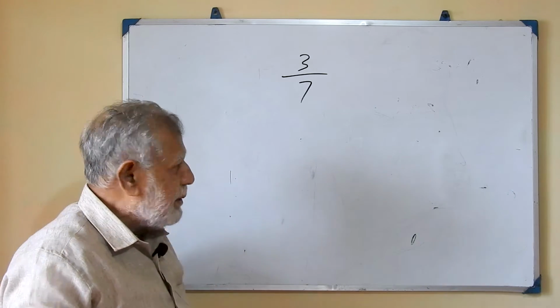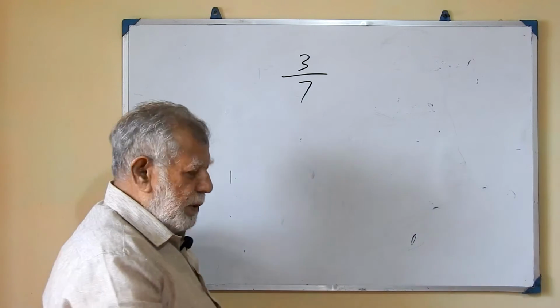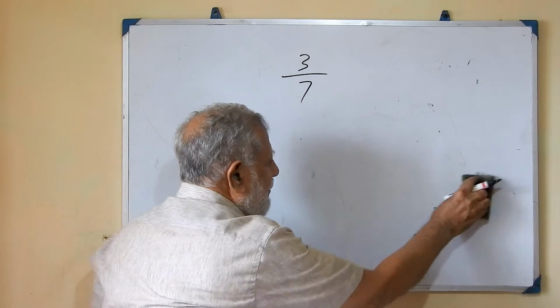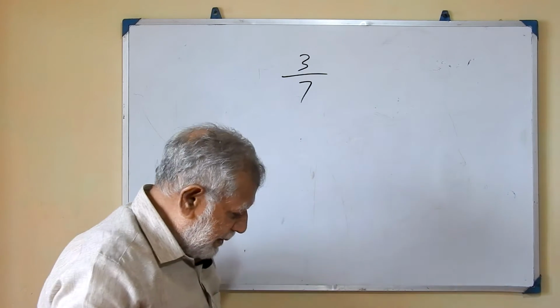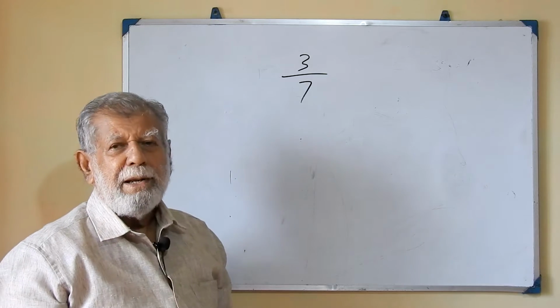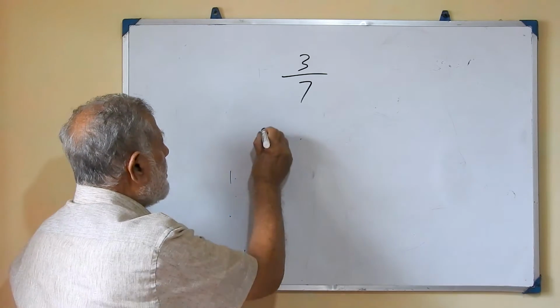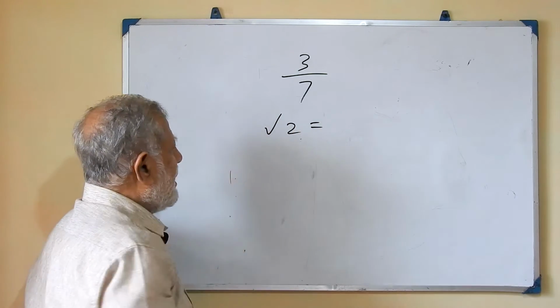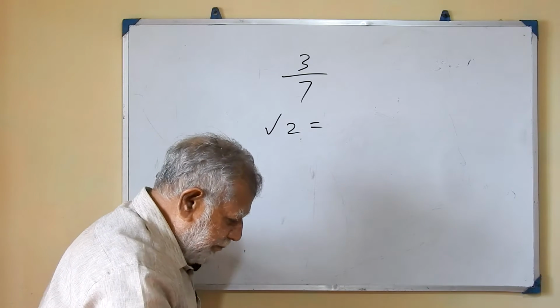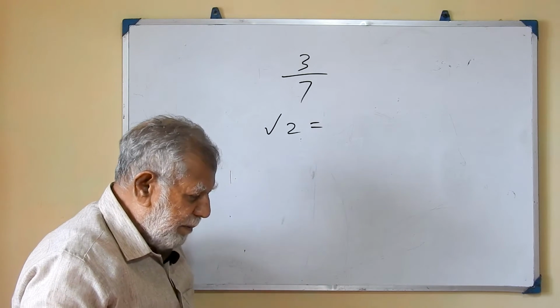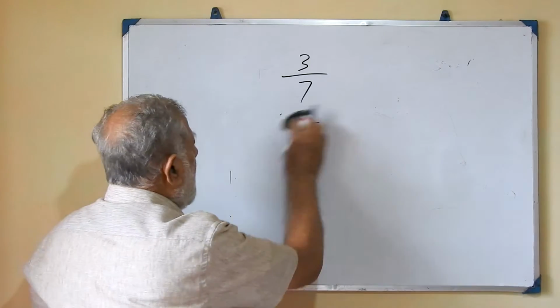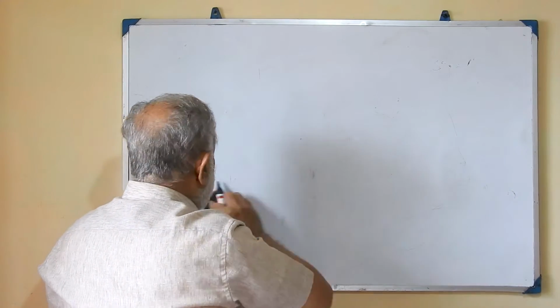So most irrational numbers are square roots of prime numbers like 3 and 5. We can't express them as a fraction. Now root 2 we can't express as a fraction. So root 2 is irrational.